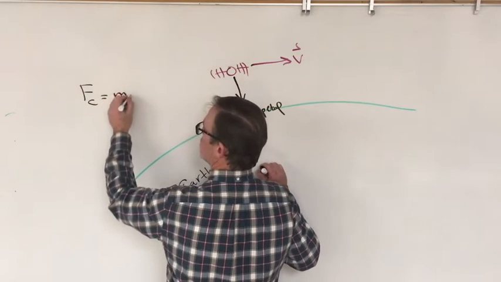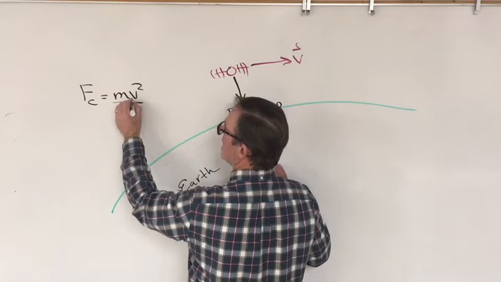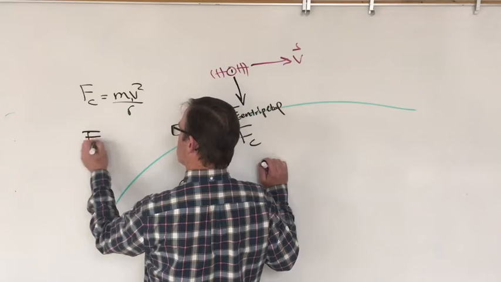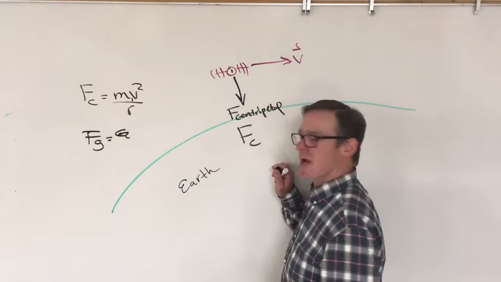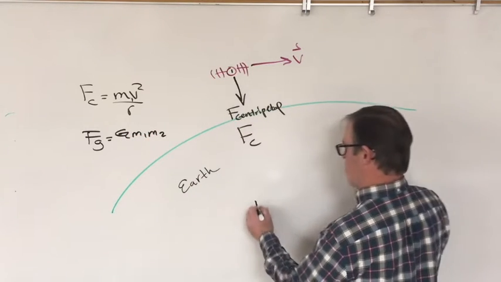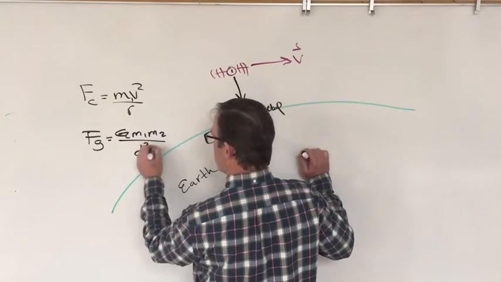I want to remind you that centripetal force is mv squared over r, where m is the mass of the satellite. Let's call it object 1. And the gravitational force is big G, the universal gravitational constant, m1, m2, in this case the mass of the Earth is m2, over the distance between them squared.